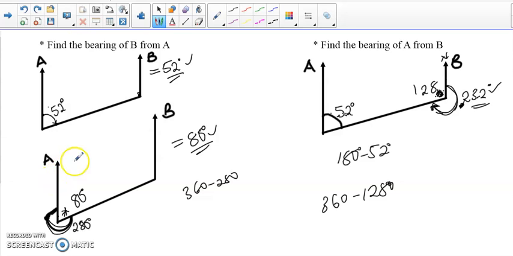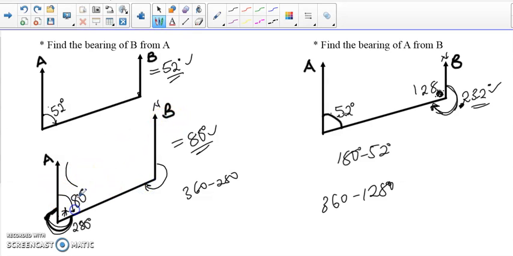Okay. Now, let's consider in this case also, if you're asked to find the bearing of A from B, the angle of B from A we know is 80. Now, A from B, I'm going to start from the north, move clockwise. You see, B from A, I started from the north, moved here.